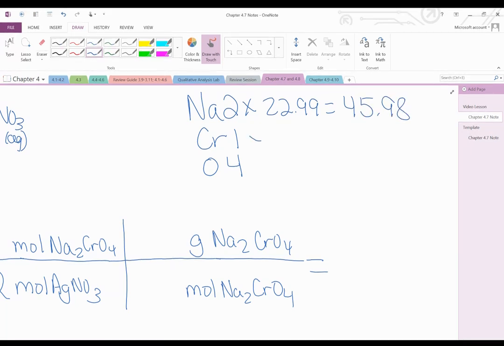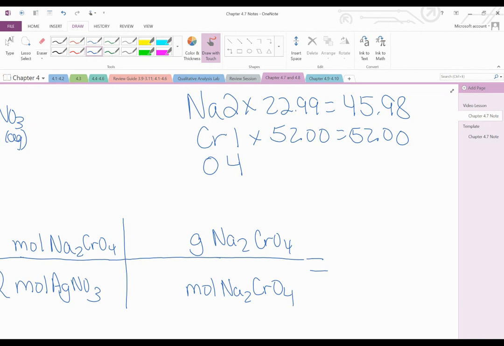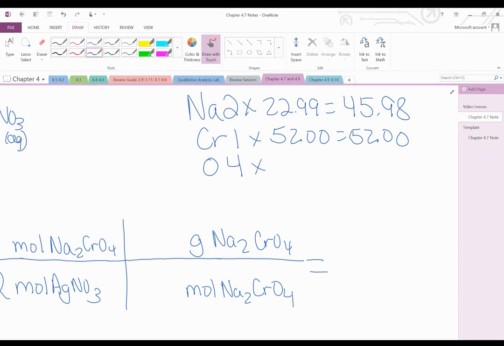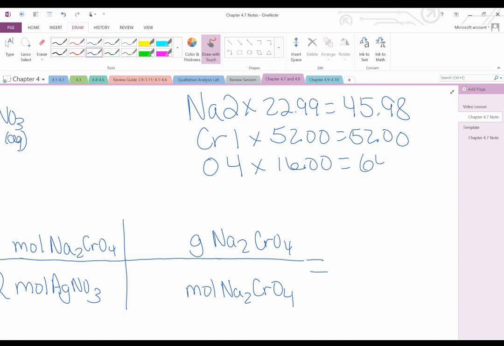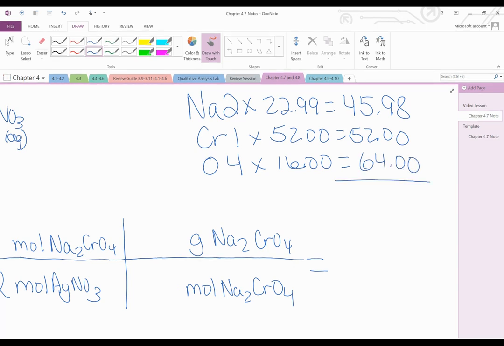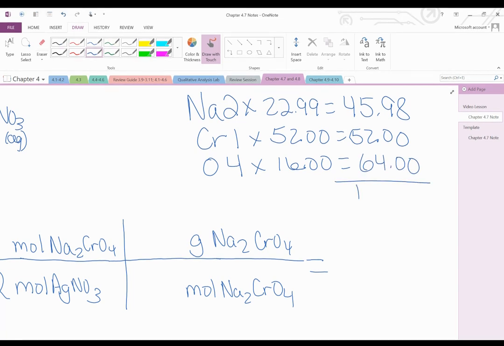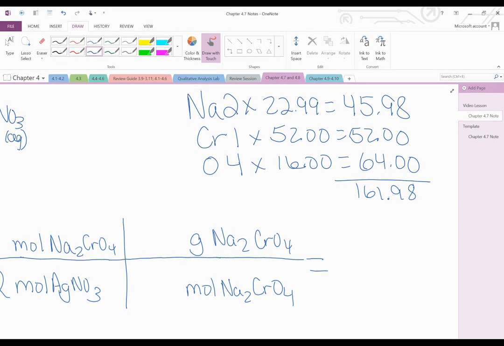Chromium is 52.00. Oxygen is 16. Add those together, I get 161.98 grams per mole.